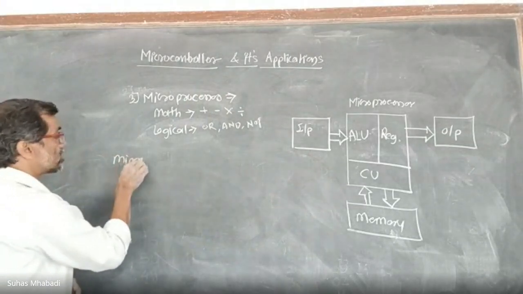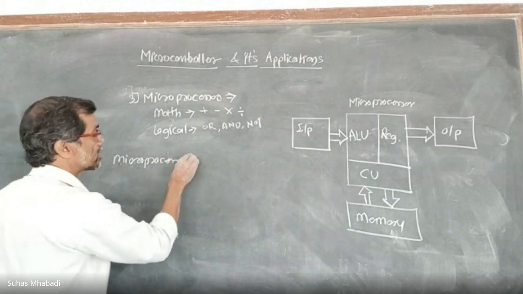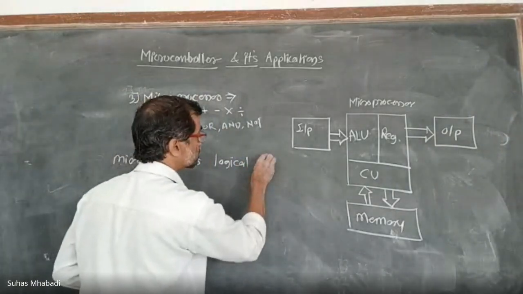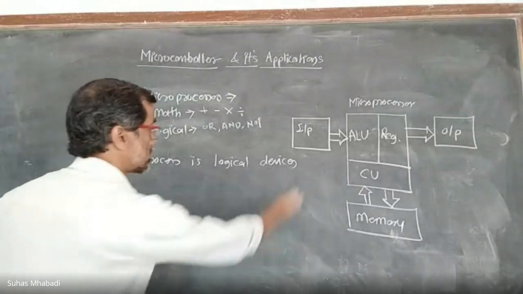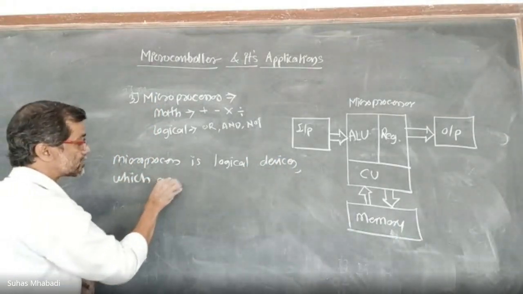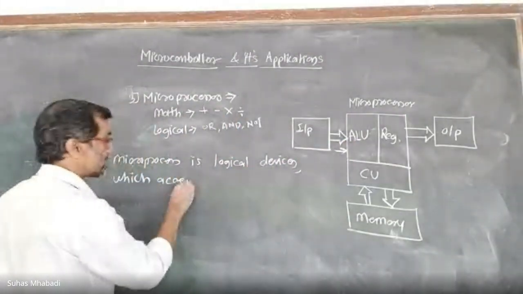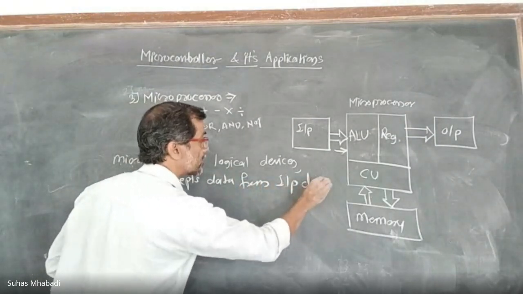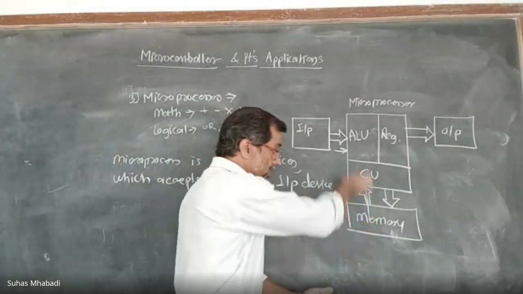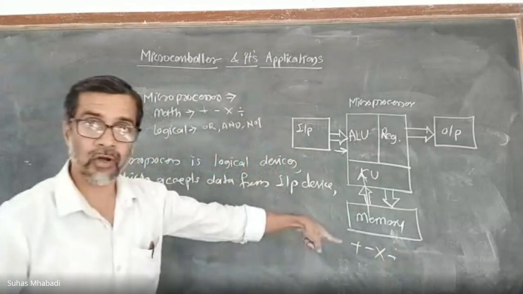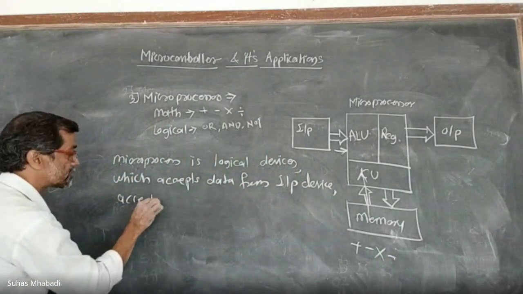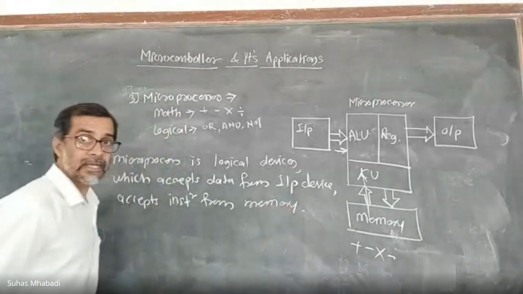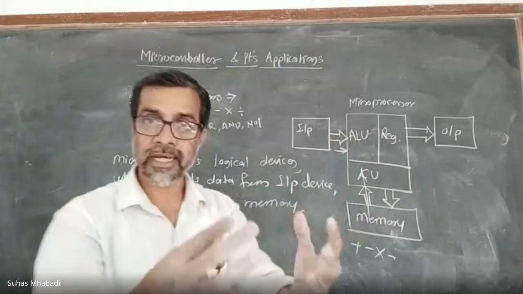Please write down this: microprocessor is a logical device which accepts data from input, accepts instructions from memory. Data is 10, 20; instructions are addition, subtraction, multiplication, division.